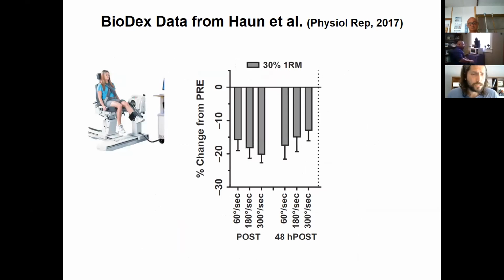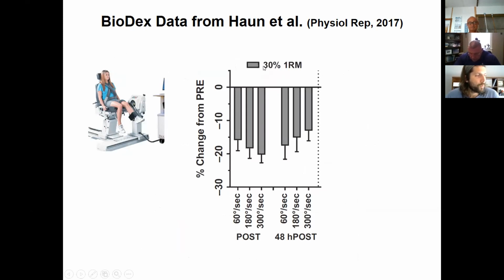This for us was really the most important finding, and that's looking at the Biodex data. Now, the way we're expressing this on this slide is the percent change from pre-training levels. So remember, we did this at pre and then 48 hours following the exercise bout.